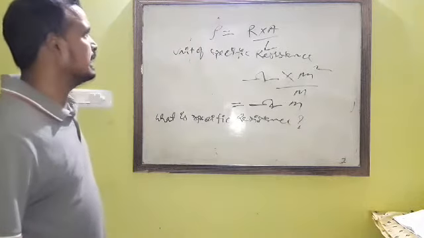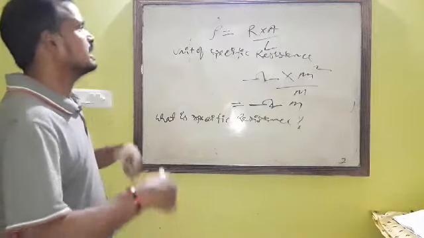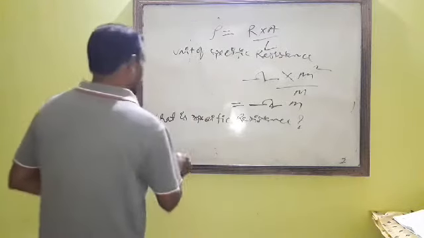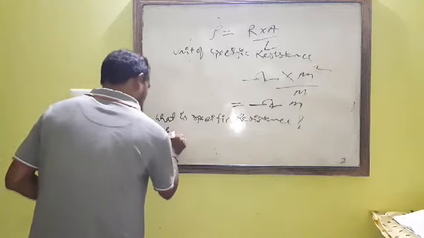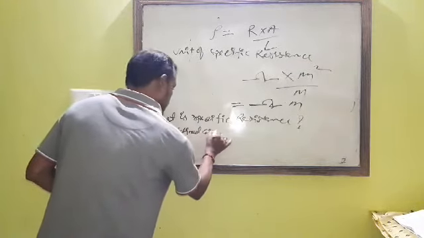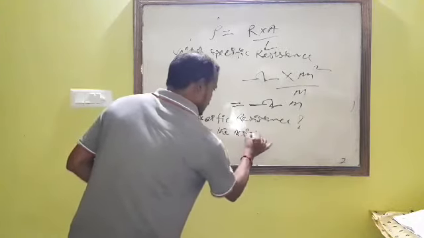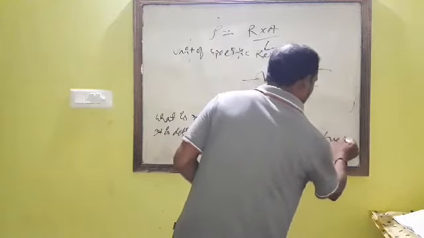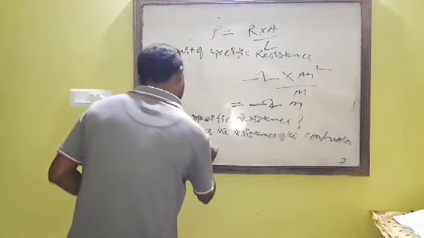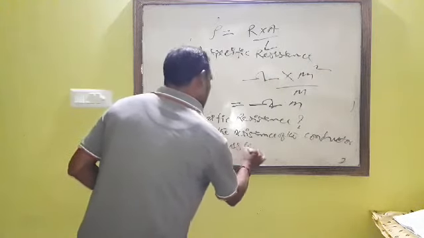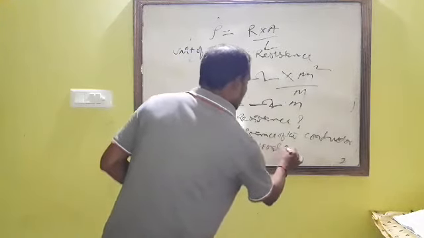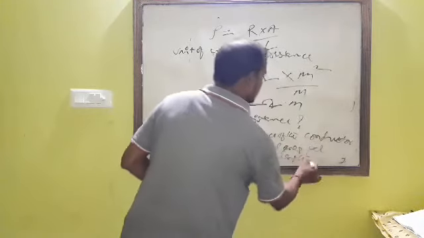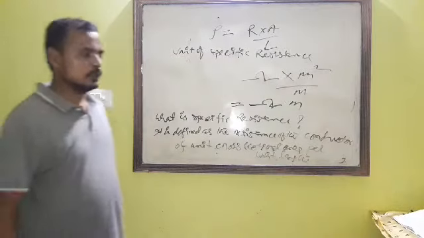Specific resistance may be defined as the resistance of a conductor of unit cross sectional area per unit length. Got it?